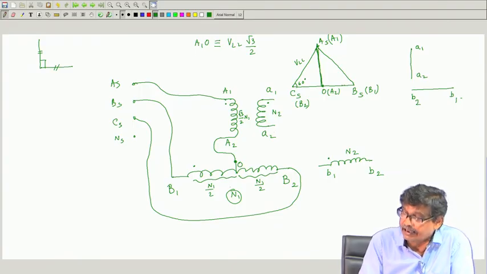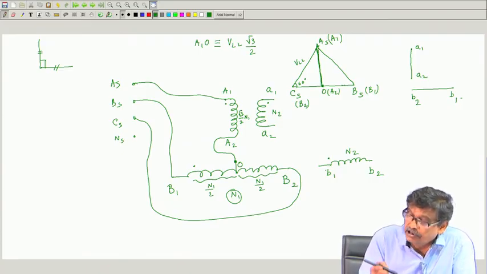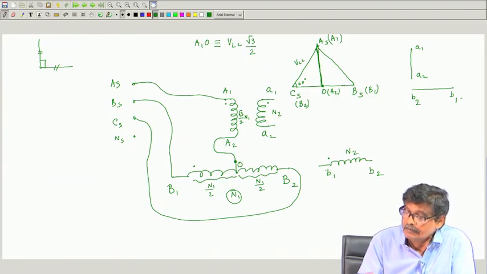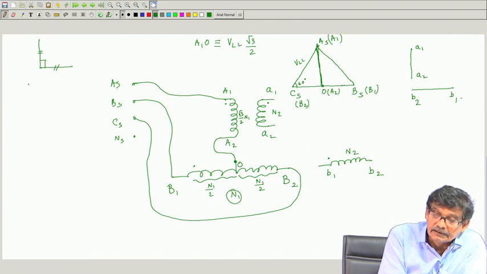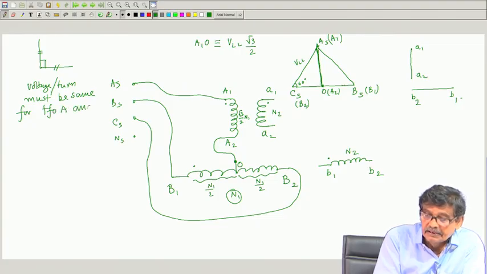Since I have said the secondary turns are the same, I must ensure that the voltage per turn of transformer B and the voltage per turn of transformer A must be the same.